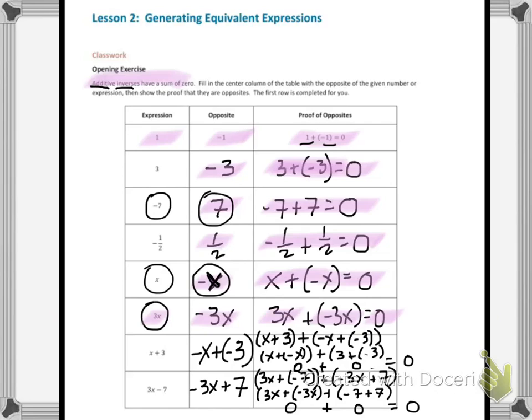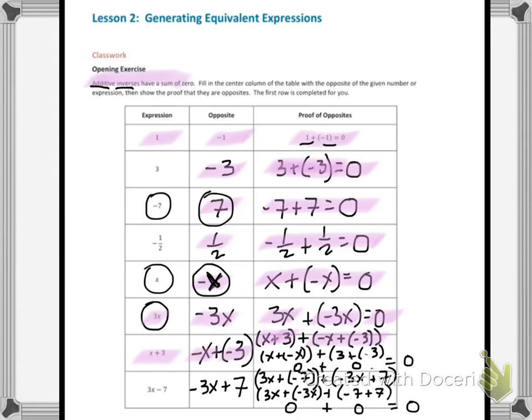A little more complex here, in that we have an addition or a sum, x plus 3. Then we have to separate these out. Now we have a negative x plus a negative 3. We'll go ahead and prove that. We put the original expression there, and then our opposite expression here.